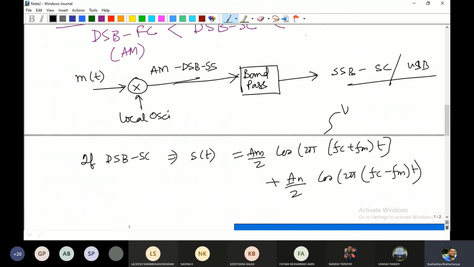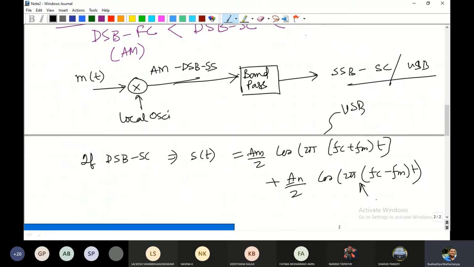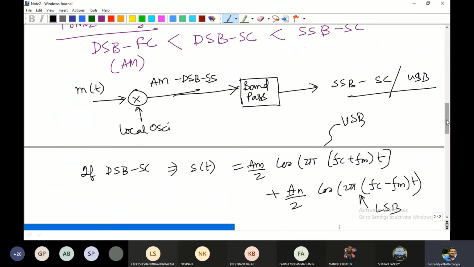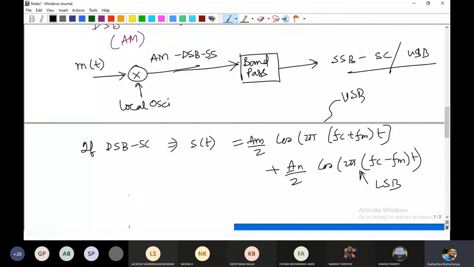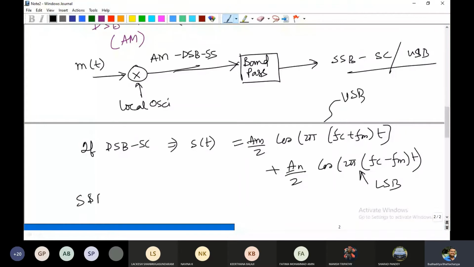This was the upper sideband USB, and this was the lower sideband LSB. All right. Now, if I go through this band pass filter, like I have described over here, your SSB should only have either Am/2 cos 2π(fc + fm)t or fc − fm. So this is the structure that we are observing.